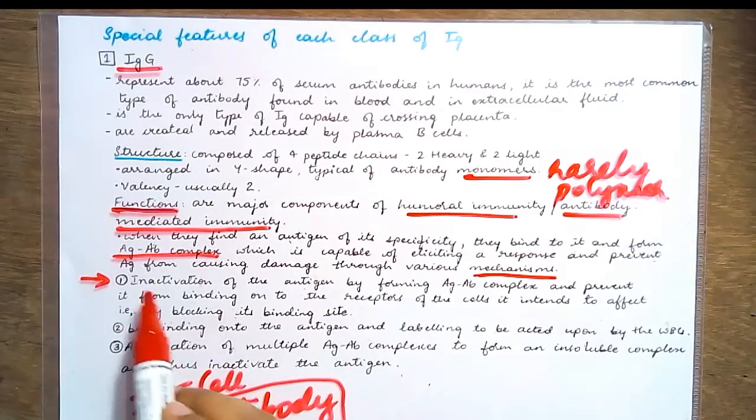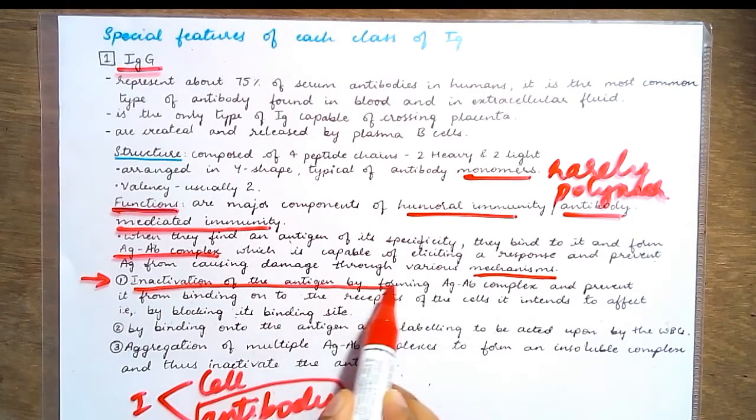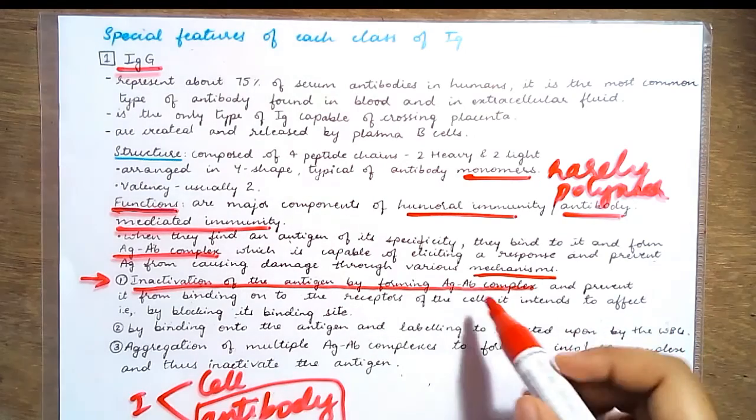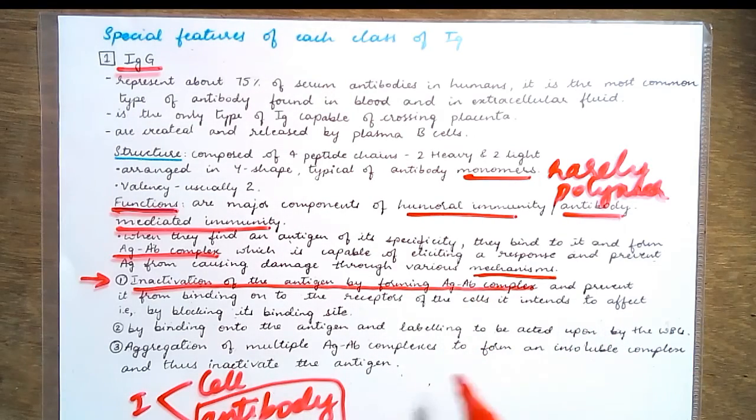First is inactivation of the antigen by forming an antigen antibody complex. Thus it prevents the antigen from binding onto the receptors of the cells that it intends to affect. Thus it blocks the antigen.